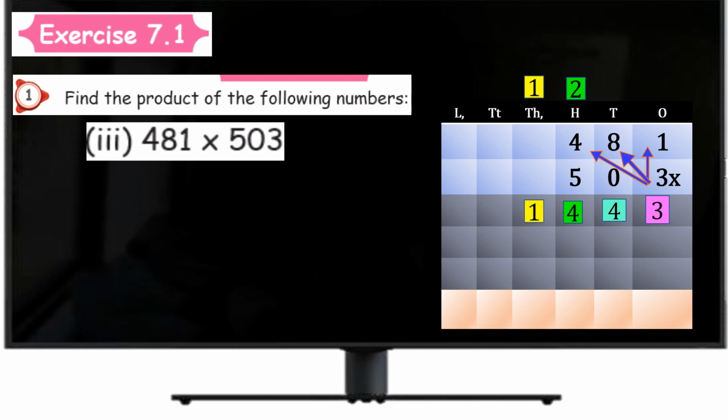Bring down the 1. Now let us move to the 0, that is tens. So put the 0 in one's place. Now let us multiply 0 with all those 481. Sure, you will get a 0 only. So mention it. 0 1s are 0, 0 8s are 0, 0 4s are 0.